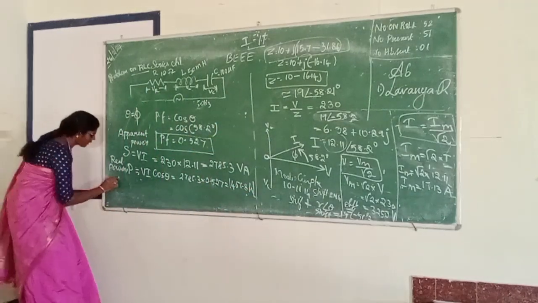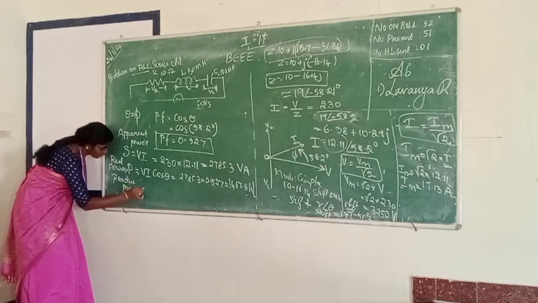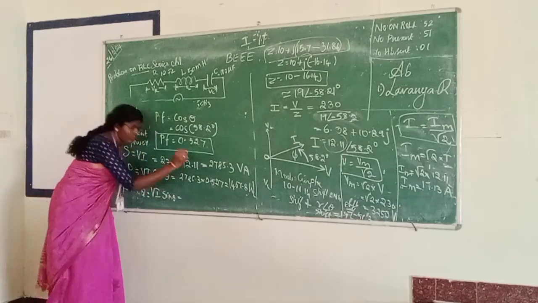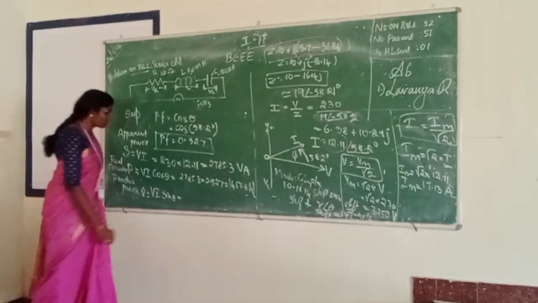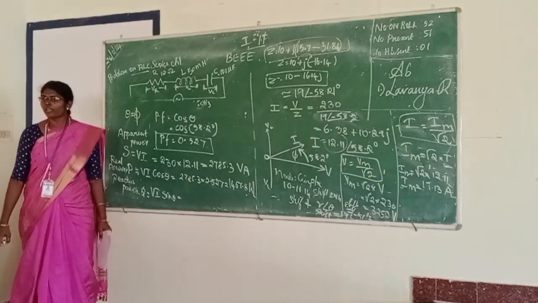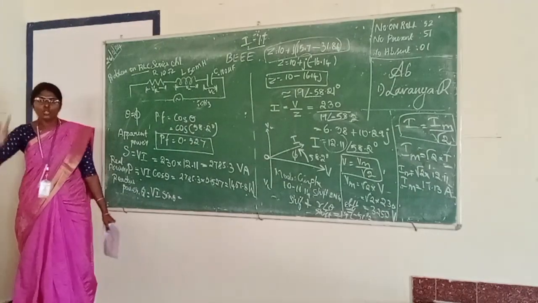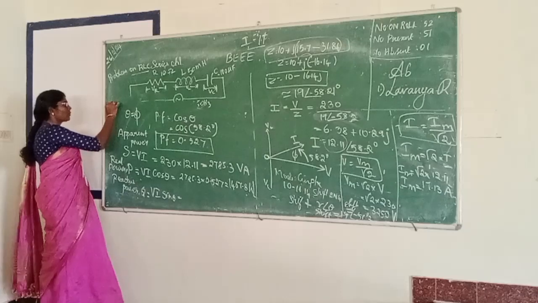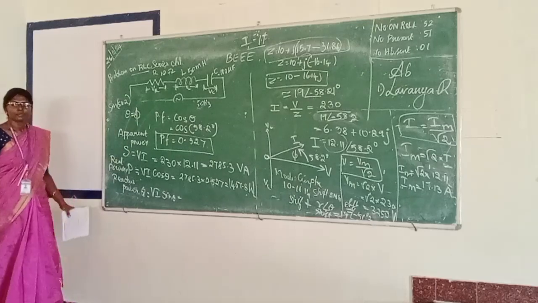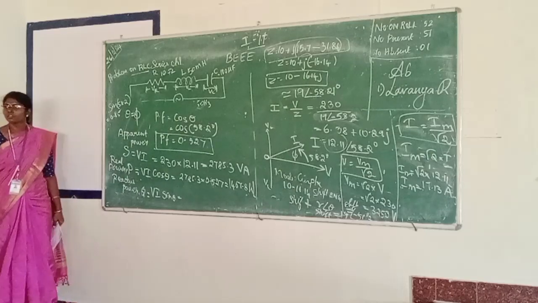Okay. Next you have to find out reactive power Q. What is reactive power Q? VI sin theta. Okay, now tell me VI sin theta. If you know theta, what is the theta? 58.2. You can find sin theta, right? In calculator, just put sin open bracket 58.2 degree close bracket is equal to what? 0.85.